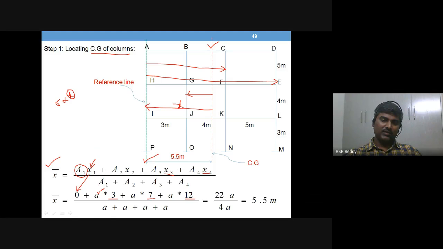The denominator is a1 plus a2 plus a3 plus a4, the sum of all the areas, which is 4A. So 5.5 meters is the CG location.